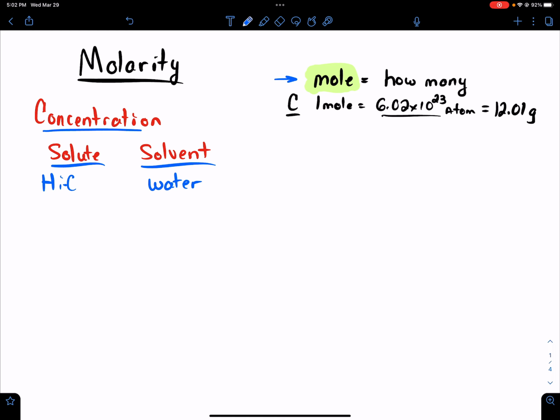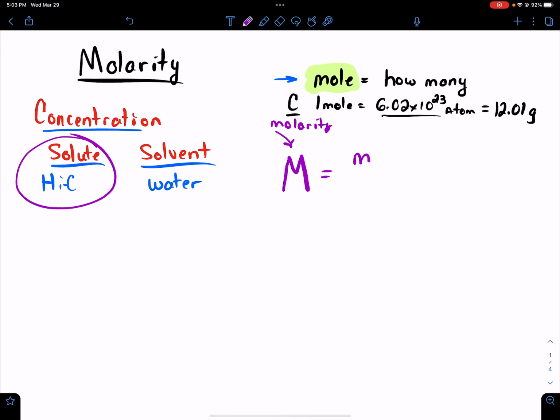So in chemistry, because we've already used the capital M for other things, for molarity we use a kind of jagged M like this. This represents molarity. And that is going to equal the amount that we're dissolving in something, like the sugar into your drink mix, measured in moles.